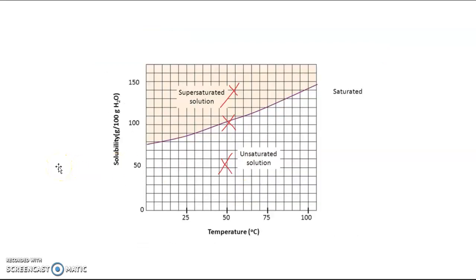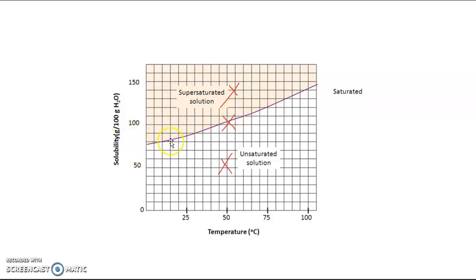Well, the amount of solute that can be dissolved in 100 grams of water is known as solubility. The solubility changes, as you can see in this curve, with the temperature. Solids, when the temperature increases, can be dissolved more and more in water.